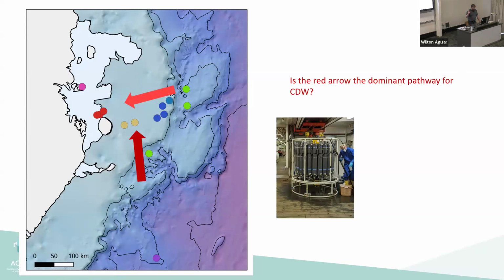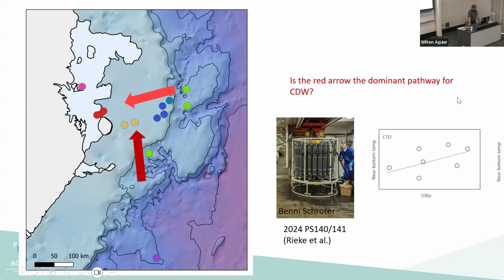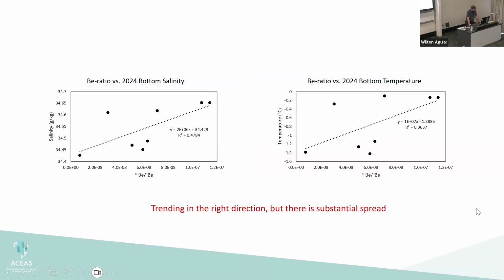We've got a whole bunch of observational ocean data from this region. So I've worked with Ulla on this part, where I was interested in seeing whether or not you could relate the beryllium-10 ratios in the sediments to the observational ocean data that we have from CTDs, looking at near bottom temperature or near bottom salinity in the first instance.